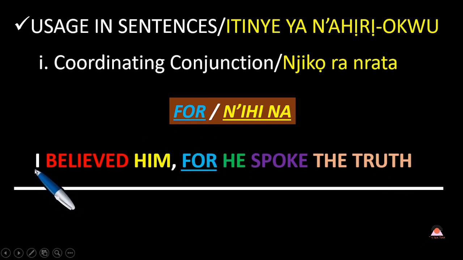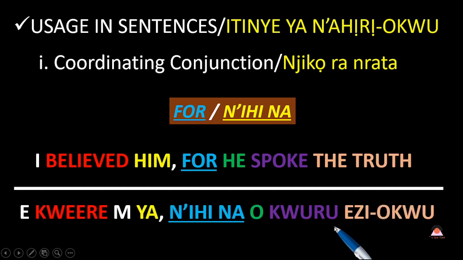For example, we have I believe him for he spoke the truth. These are different words that have different meanings. So we give you the meaning of each word in Igbo language as we construct the sentence. So the first sentence here is, I believe him for he spoke the truth. Let's see what it is in Igbo language.